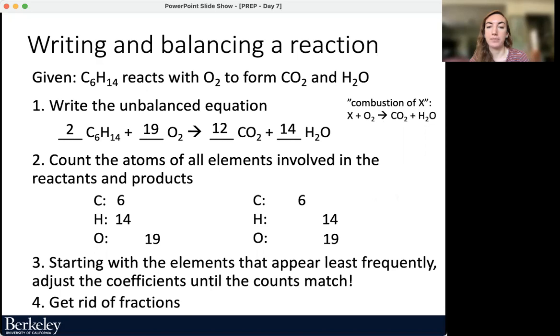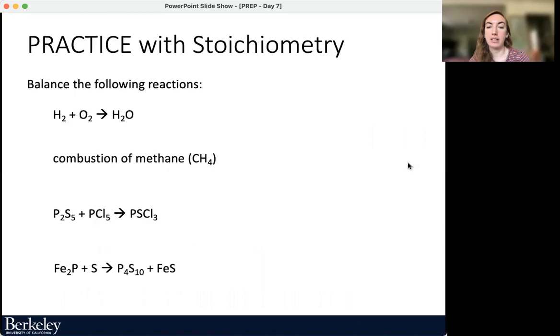Okay. So I'm going to have you practice with these reactions. So we're balancing each of these reactions, which means we're doing what I just did. We're manipulating the stoichiometric coefficients on both sides to make sure the reactions are balanced.